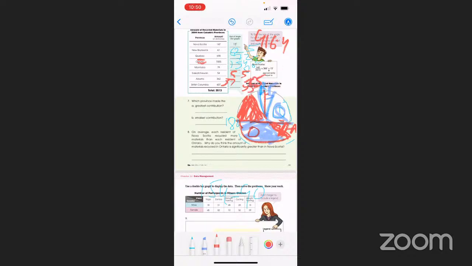Sorry, this region is gonna be Saskatchewan. Yeah, this is Saskatchewan, and this is Alberta. I'm sorry, not Alberta. This is gonna be the 62 one, which is British Columbia.